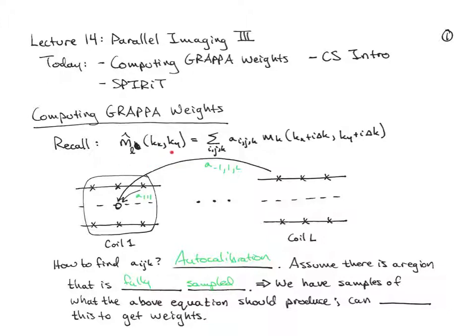If we have a region where we already have the synthesized data, then we have the left-hand side of the equation, and we have the data from which these points were synthesized, so we should be able to invert a system of equations to get the weights.